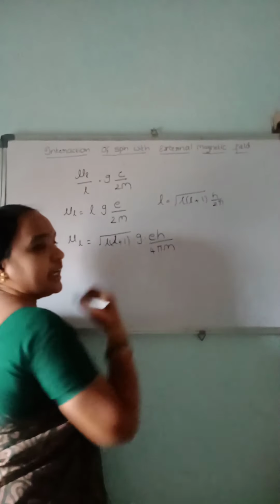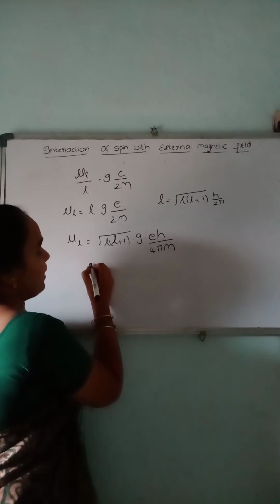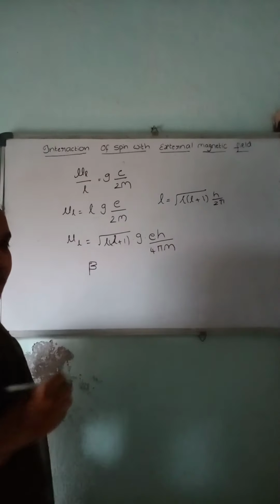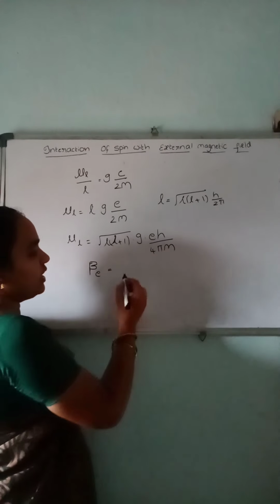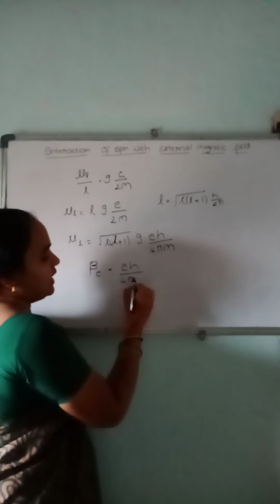This factor eh by 4 pi m is called the Bohr magneton of an electron, indicated with the letter beta e. Beta e is the Bohr magneton of an electron, which is eh/4 pi m.